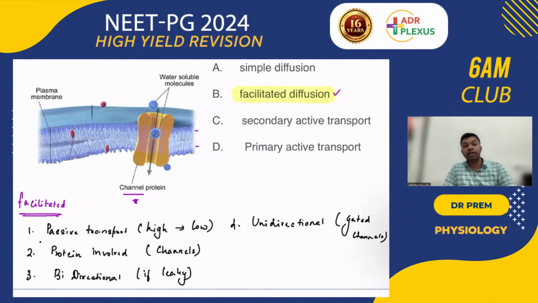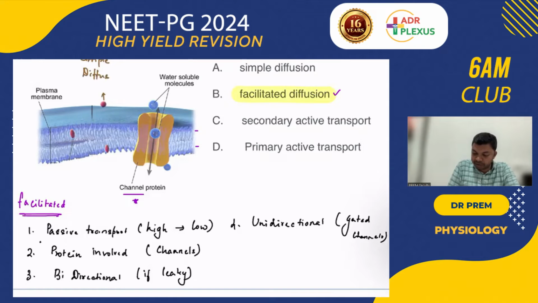Few other points regarding other options. If it is a simple diffusion, you can clearly see the red color molecule located on one side of the membrane. They simply pass through the membrane and come to the other side. So this red color molecule represents simple diffusion.